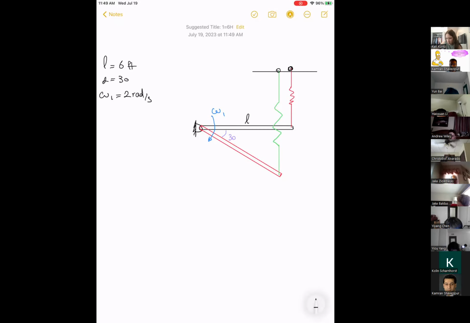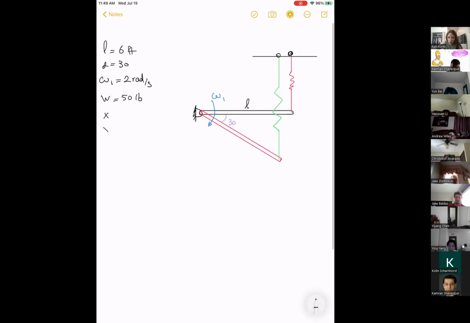The weight of the bar is 50, so W is 50 pounds. X1 is 2 feet. K is 6 pounds per feet. And L0 for the spring is 2 feet, because we need L0 to find X2.